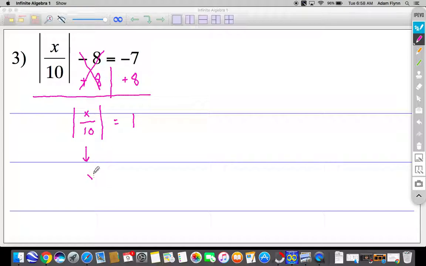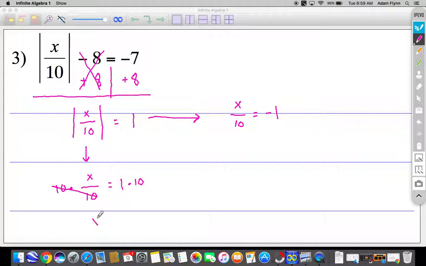So I have x over 10 equals 1. I also have x over 10 equals negative 1. So to get the x by itself, this 10 is being divided. So I will multiply both sides by 10. So these 10s cancel.